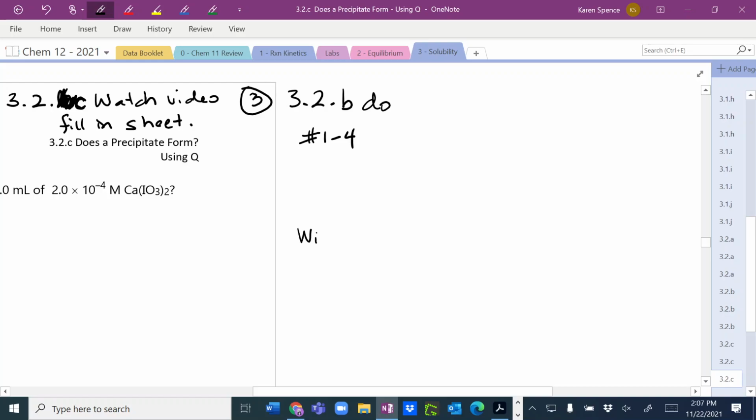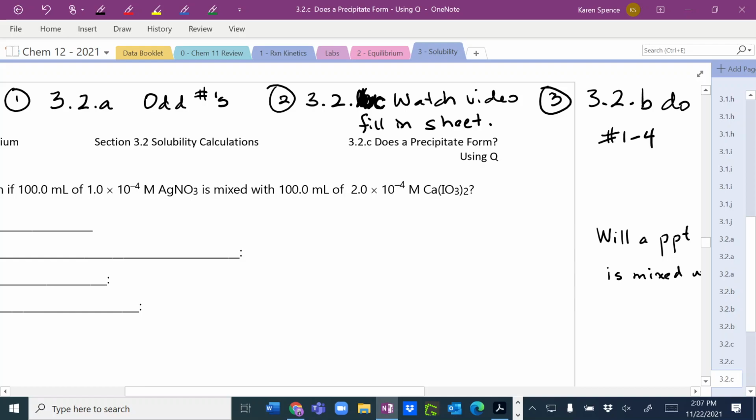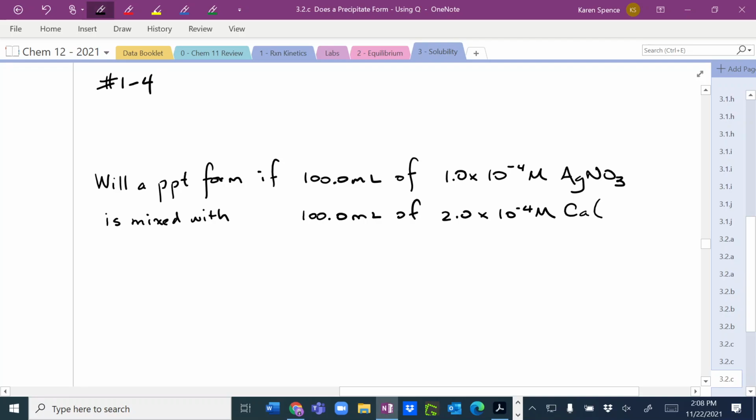Will a precipitate form if 100 milliliters of, I think it's 1.0 times 10 to the negative 4 molar silver nitrate is mixed with, what was the other one? 100 milliliters of 2.0 times 10 to the negative 4 molar calcium iodate. Yes, calcium iodate, Ca(IO3)2.